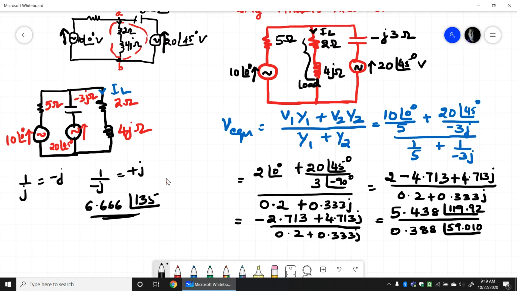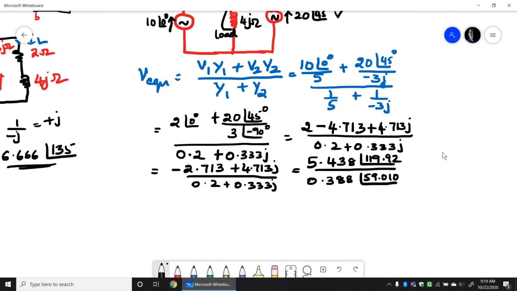So therefore now finally this would be equal to 5.438 divided by 0.388, which will give me 14.01 at an angle 119.92 minus 59.010, which will give me 60.91.